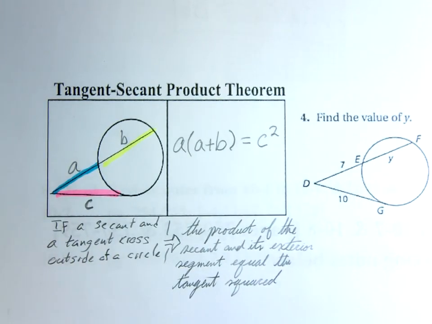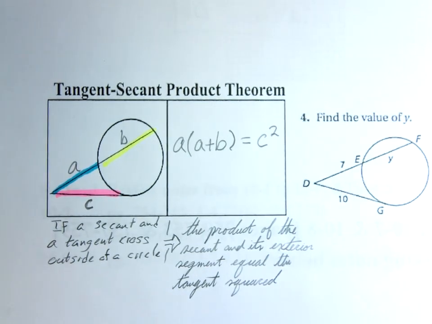It's the same as the theorem you just looked at, because the last theorem said multiply the outside times the entire thing, correct? That's the secant product theorem. This one's the same thing. Outside times the entire thing equals outside, well that's the entire thing, times the entire thing, which is the same as the outside, which would be C times C. So it's C squared. Right, so we get the same looking formula.